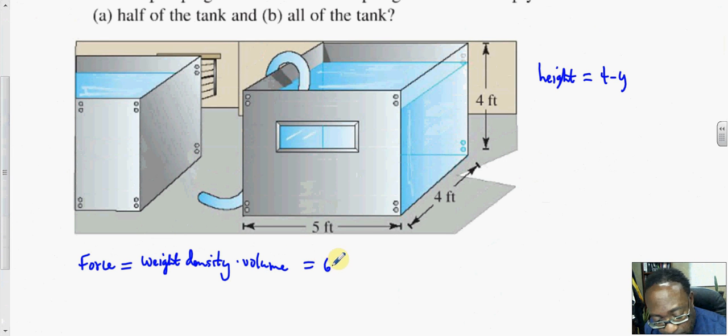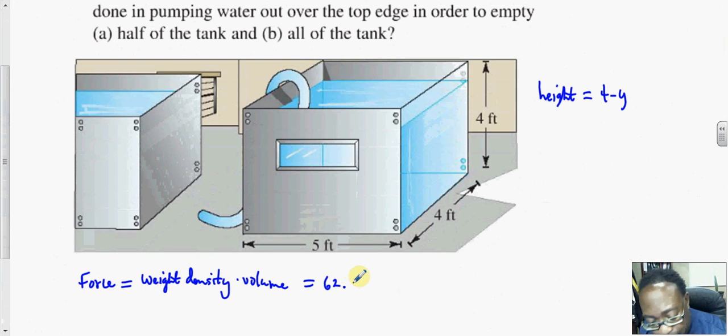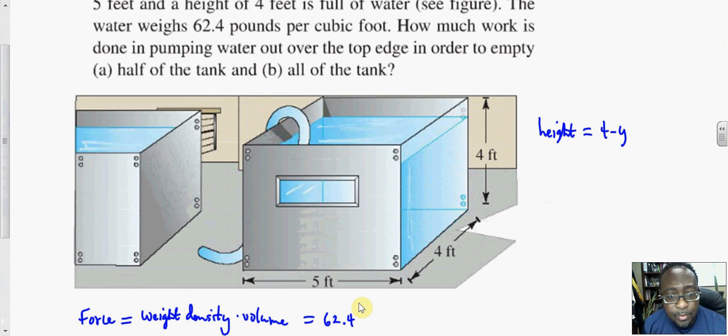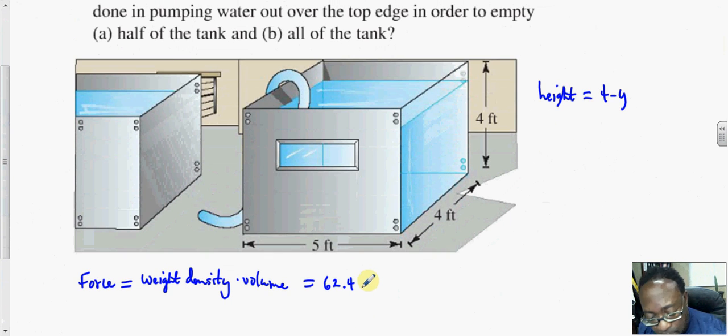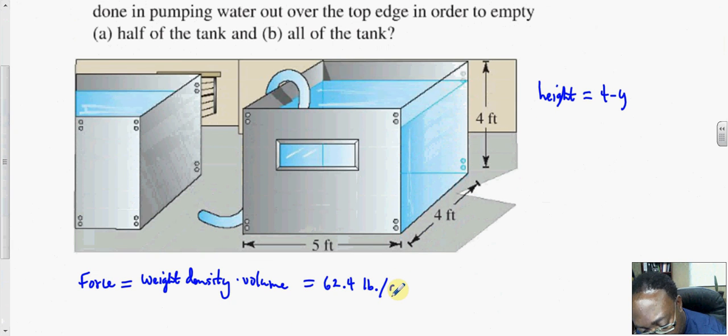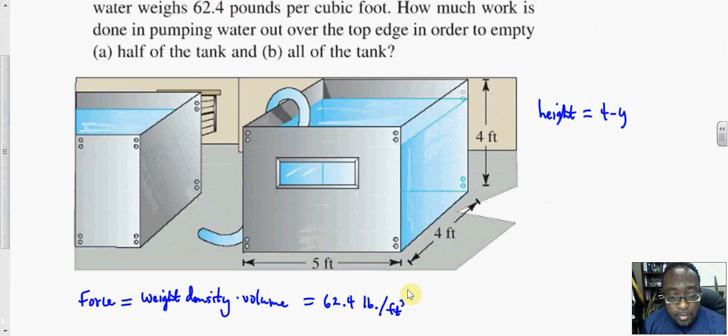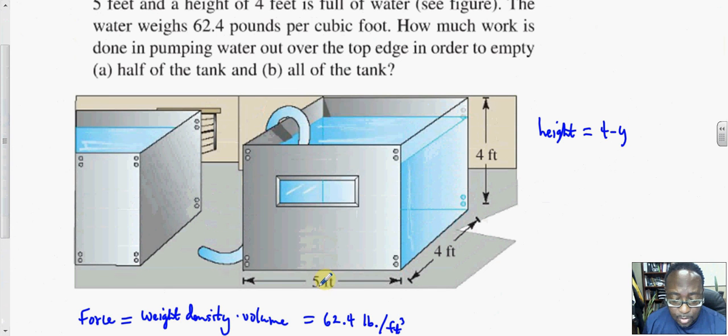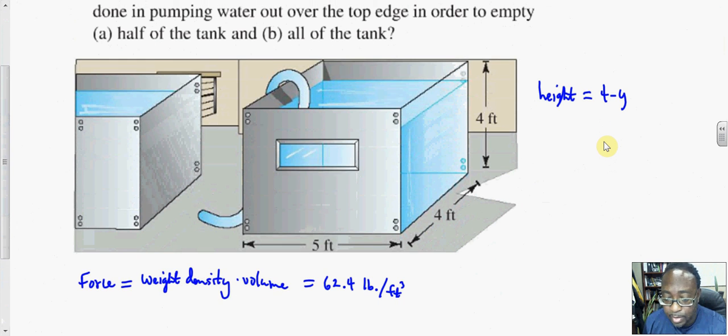So the weight density here is 62.4 pounds per cubic foot. And then the volume is going to be 5 feet times 4 feet times that height, which is changing. So it's variable, right? So that's what that means.